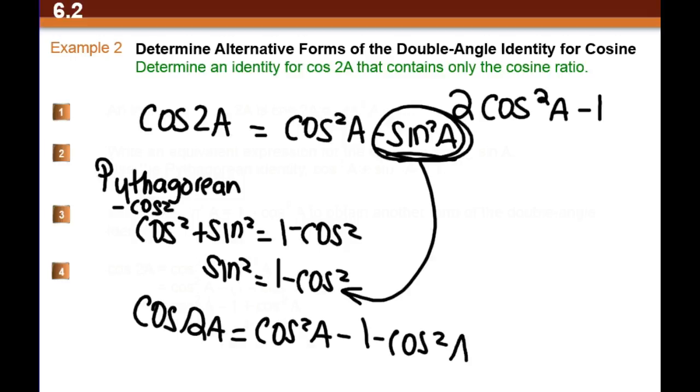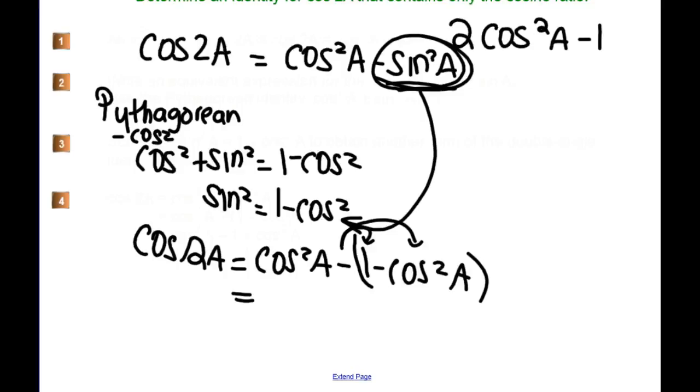And I should probably put an a. So to finish this off, we have a cos squared a, and we have, sorry, this should be in brackets, remember, because that negative needs to go here and there. Okay? So if I multiplied into the brackets, I have a minus 1, and this minus and a minus turn into a plus cos squared a.